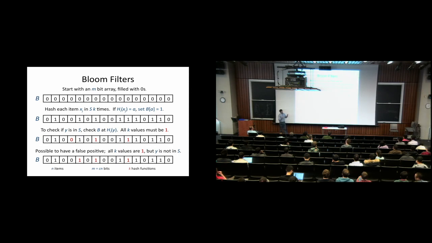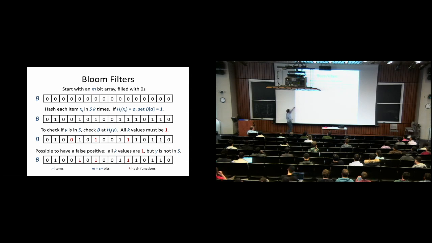Our hash gives us an index into the array. So if the hash is 2 here, the second bit will be set to 1, and so on. We're using one-indexed arrays. Each item is hashed, and for each bit location we get, we set that bit to 1. Something might get set to 1 multiple times. That's fine; we don't add things up or anything, we just set it to 1.